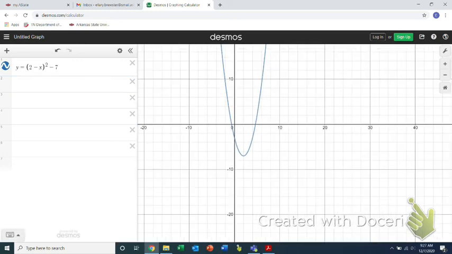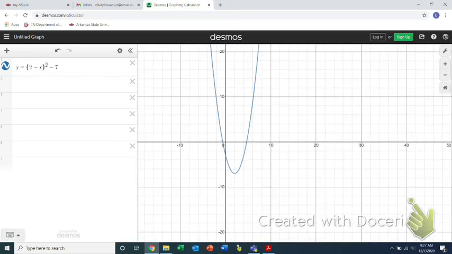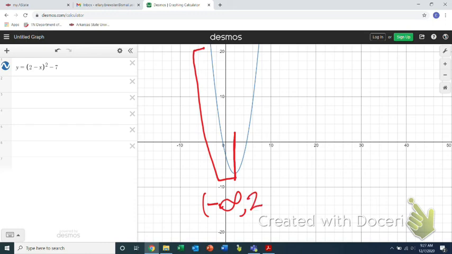Well, it is decreasing from here all the way to right here. So that looks like negative infinity to positive 2. Okay.